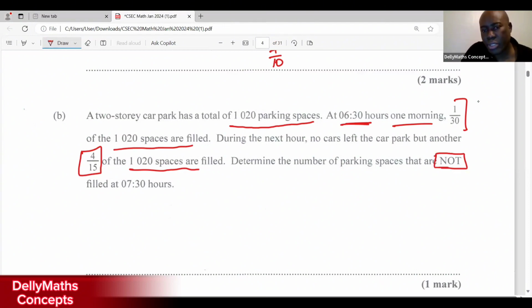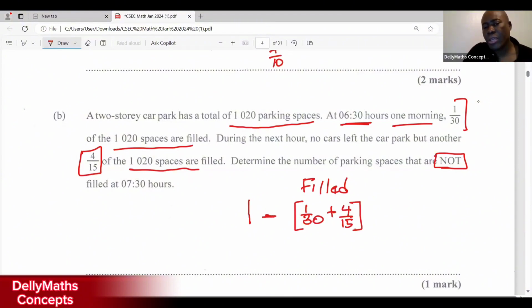So basically what we want to do is put together the spaces that are filled, which is 1/30 plus 4/15. These are the spaces that were filled during that time. If they want to find not filled, I'm going to have to add these two together, and then the result must be taken from 1.